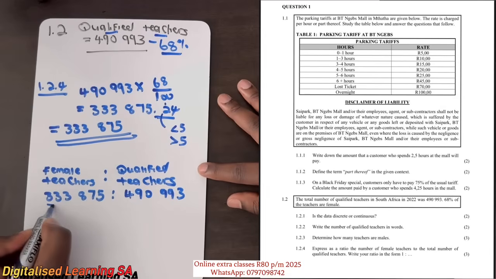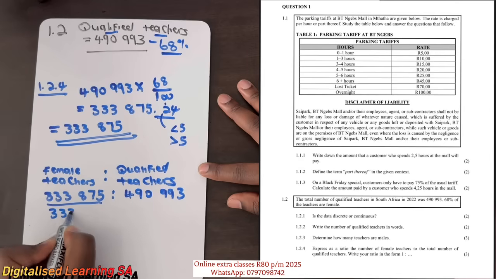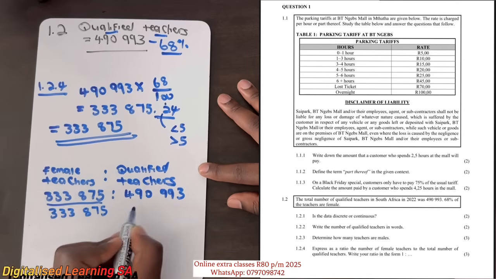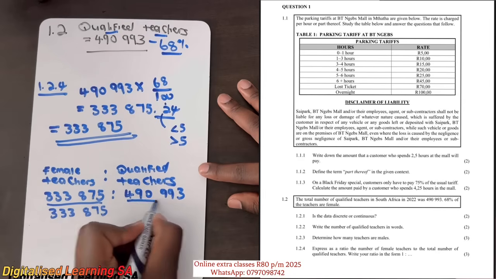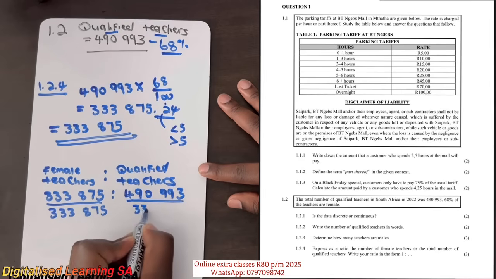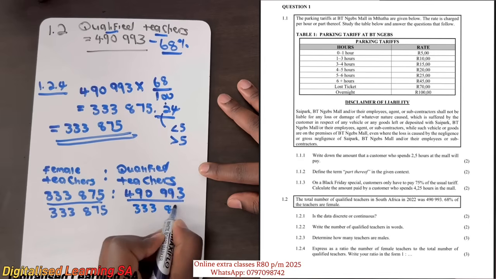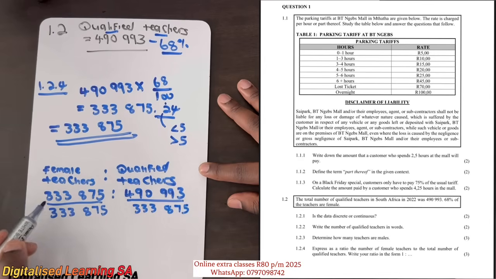So we are going to divide 333,875 by itself. And what we do on the left hand side, we also do on the right hand side. So even this side, we are going to divide by 333,875. And when you divide the two, our answer will be 1.